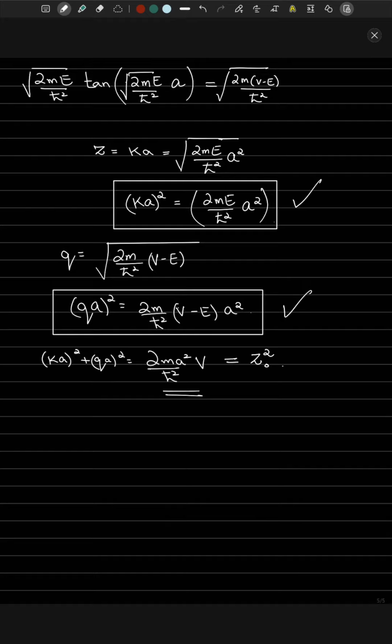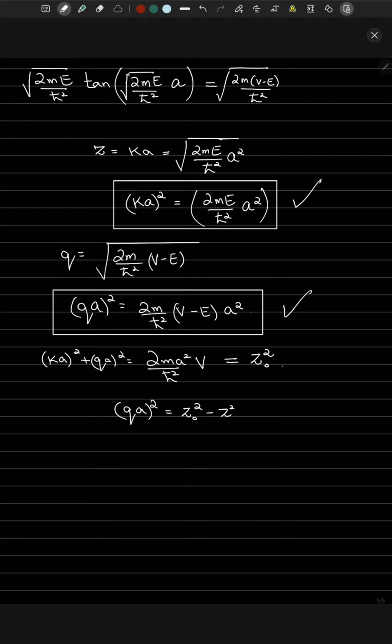Okay, so anyways, what this gives you is, you can now write (qa) whole squared is equal to z naught squared minus z squared, right?